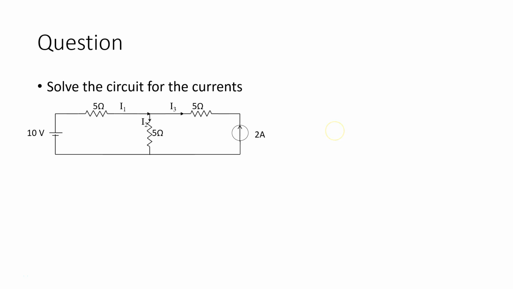Now I'm going to do it for the current source. So looking back at my original circuit, now I have to turn off the voltage source. So I'm going to look at circuit B, which is the current source, and I have to now turn off the voltage source, which means I'm going to short circuit it.